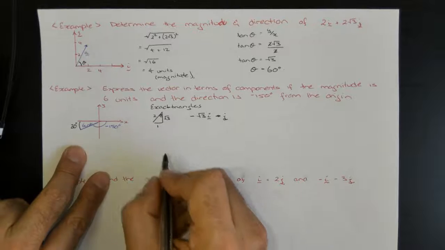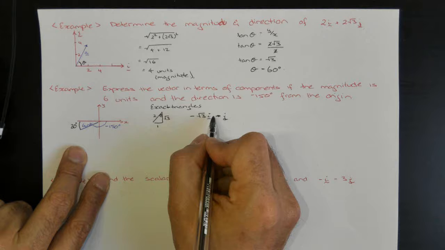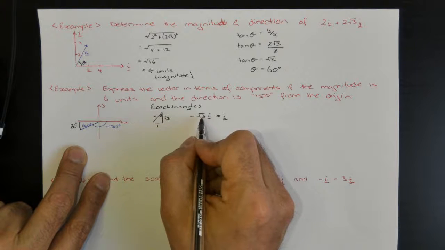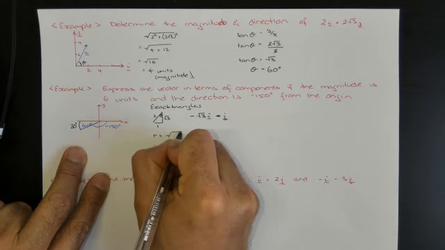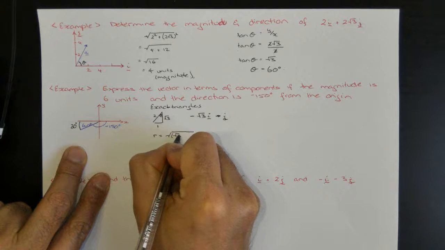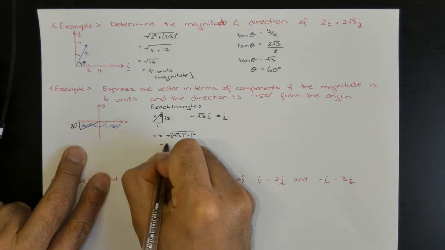Okay, now what we need to do for this is figure out how much the vector would be in magnitude. And that's going to give us 2.